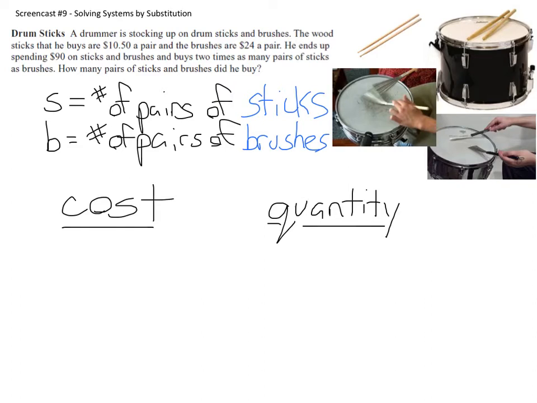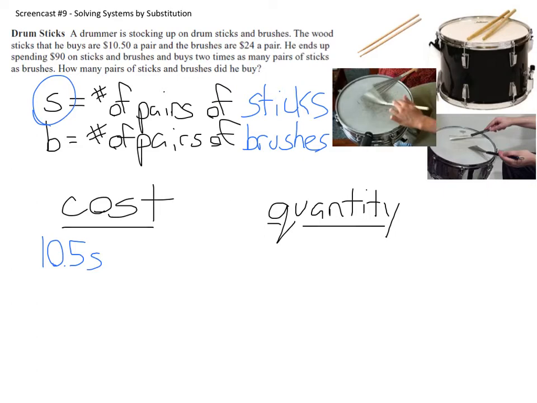You know where this is going. You've heard me say it before. But we don't know how many pairs of sticks he is buying. We simply know that he is buying some unknown S number of pairs of sticks. So therefore, we take $10.50 and multiply it by S. So I'm going to write 10.5 S, which represents the total cost of just the sticks. How many sticks you buy, multiplied by $10.50, because that's how much each pair is. All right, good.